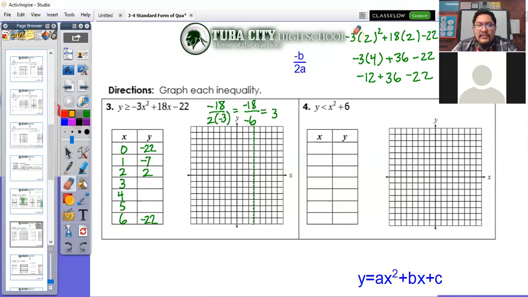Now let's go ahead and do number 3. So drop a 3 in there. And 3 squared is 9. 18 times 3 is 54.